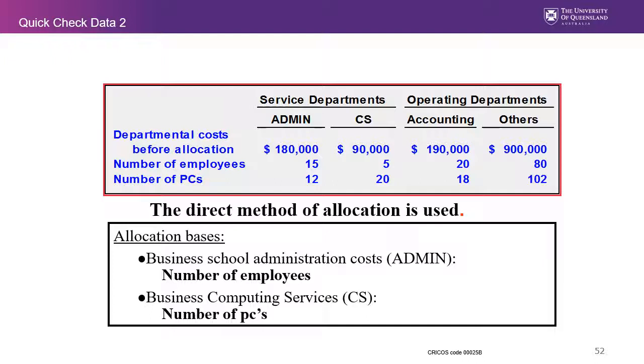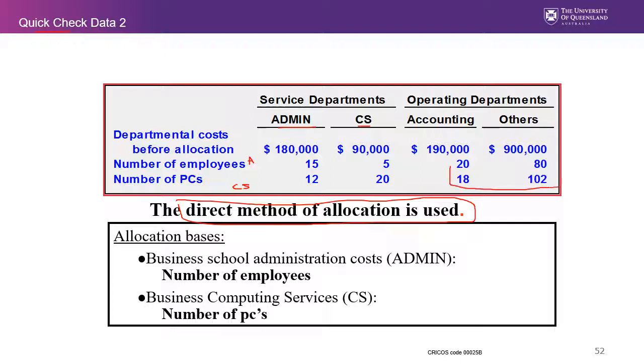So we're just going to do a quick check of your understanding if we're using the direct method of allocation. We know that these are our service departments, admin and computing services, and admin uses number of employees as the allocation base, and computing services uses the number of PCs.